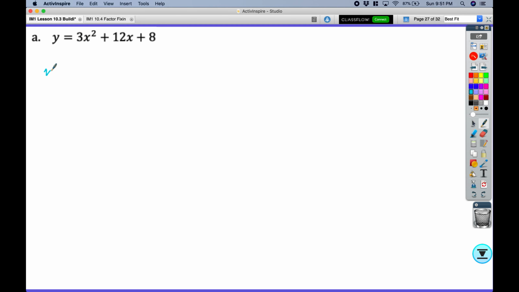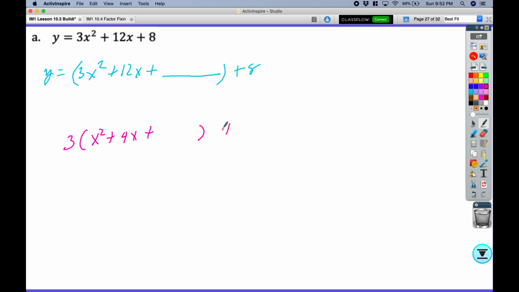So really quickly, we are going to have y equals, remember, we group the ax squared plus bx values, and then we add an invisible c value, and then we have the plus 8. So step 1 is let's factor out everything we can. We can factor out a 3. So I have 3 times parentheses x squared plus 4x plus my mystery c value.